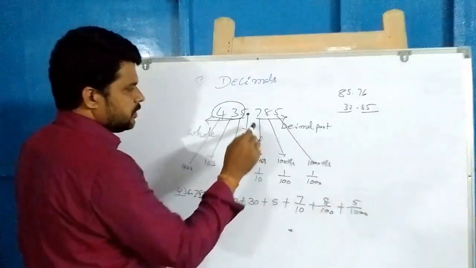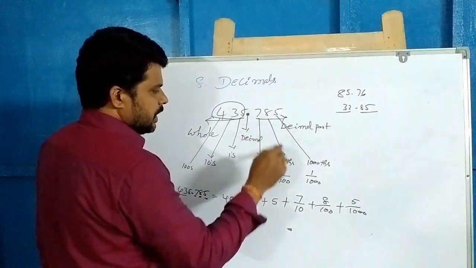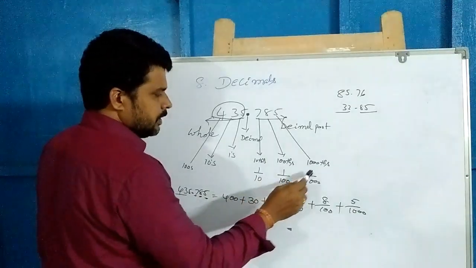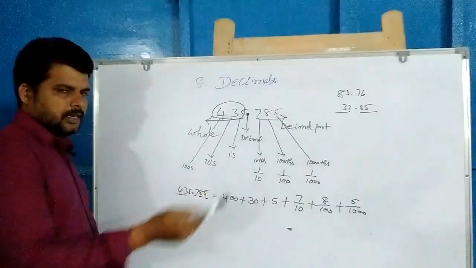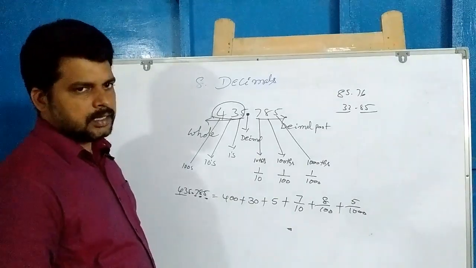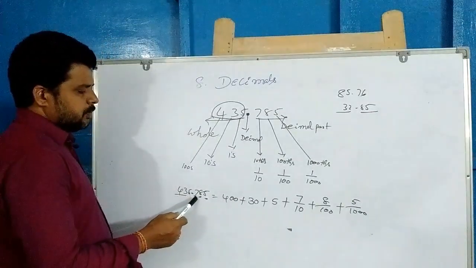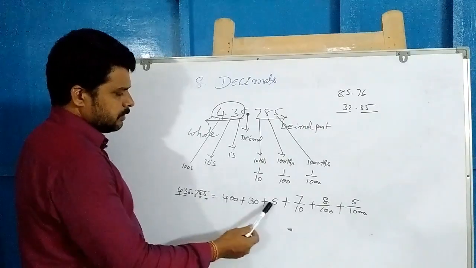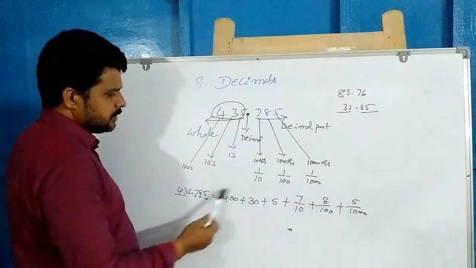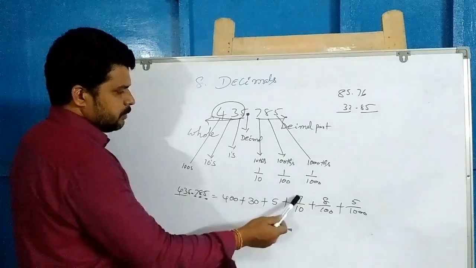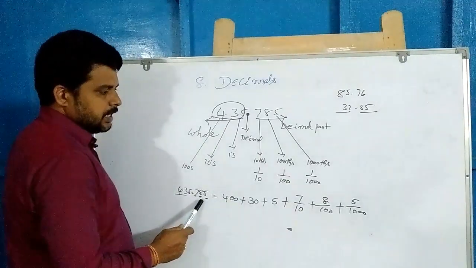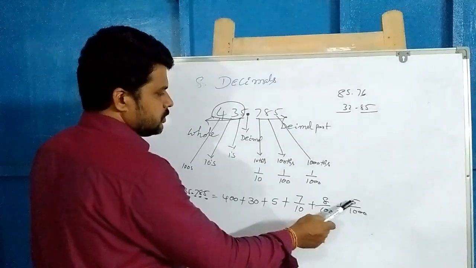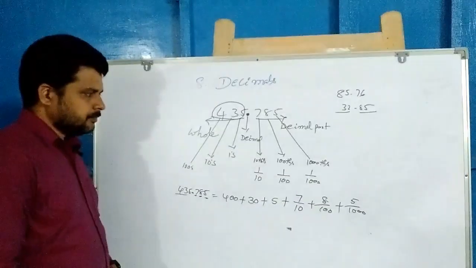After the decimal you have tenths, hundredths, thousandths, that means 1 by 10, 1 by 100, 1 by 1000, continuing 1 by 10,000, 1 by 1 lakh.